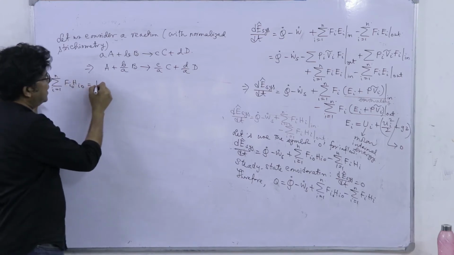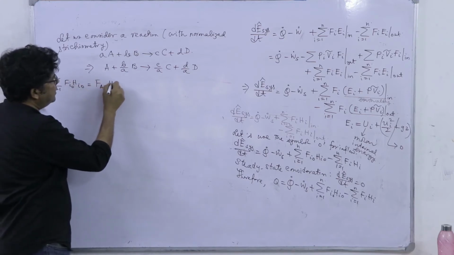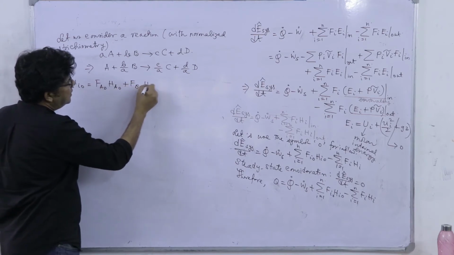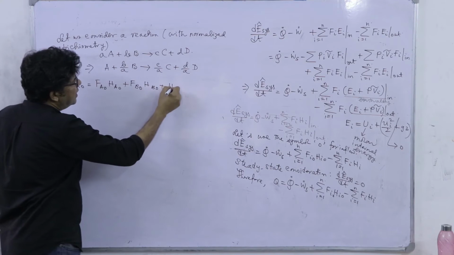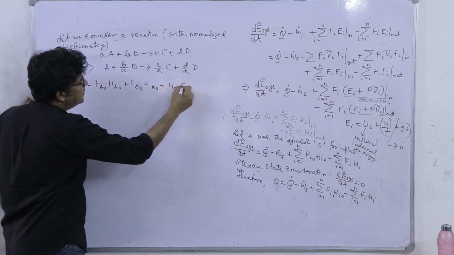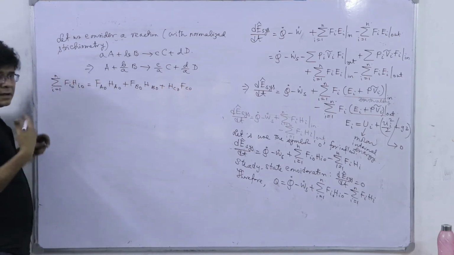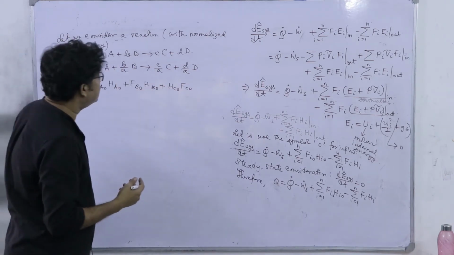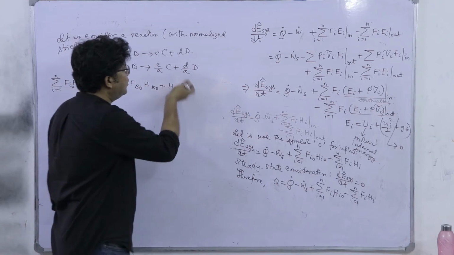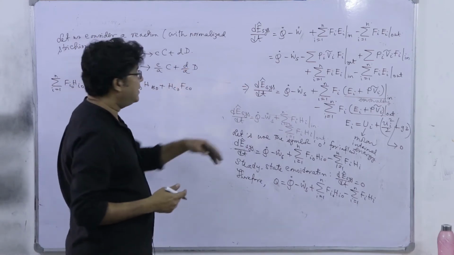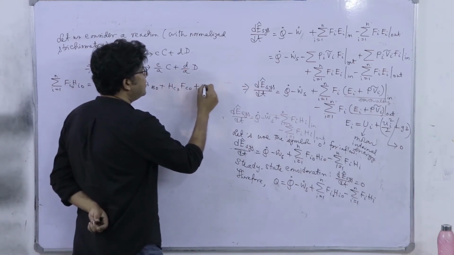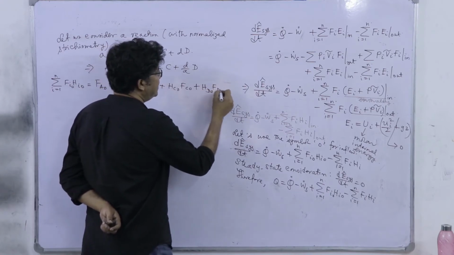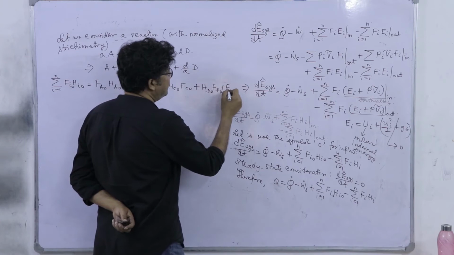We can write it as Fa0 Ha0 plus Fb0 Hb0 plus Hc0 Fc0. There may be some converted product also, specifically in case of recycle streams, right. So there will be some C and D as well. So we have to keep the provision for that, and additionally we may have inert.